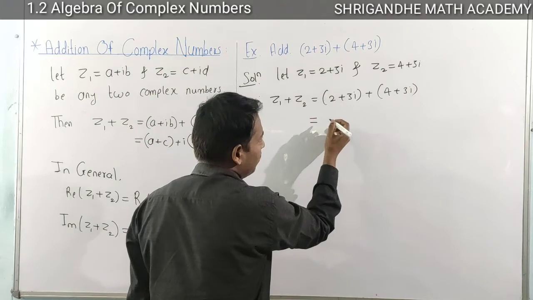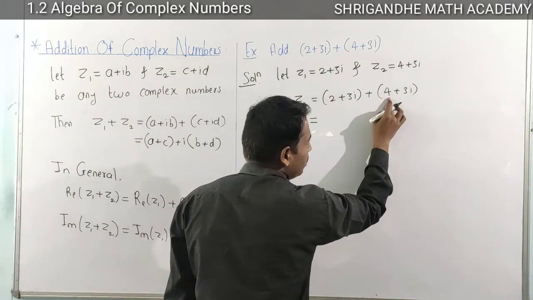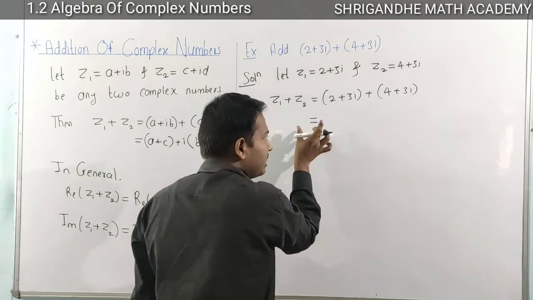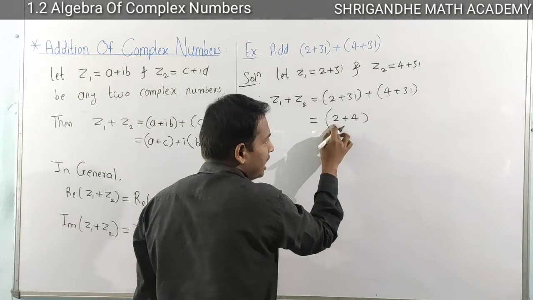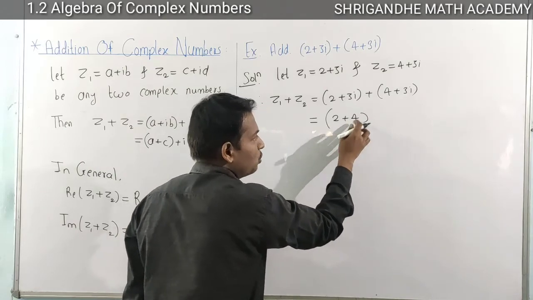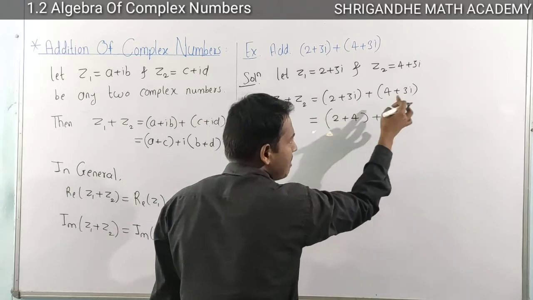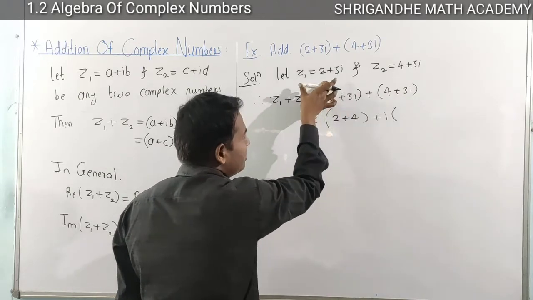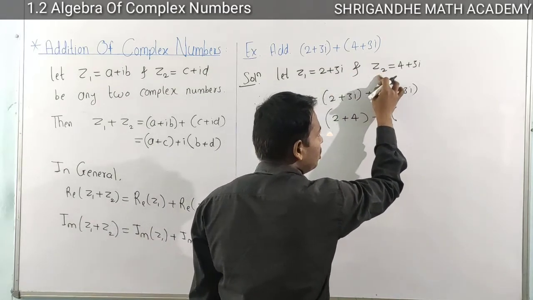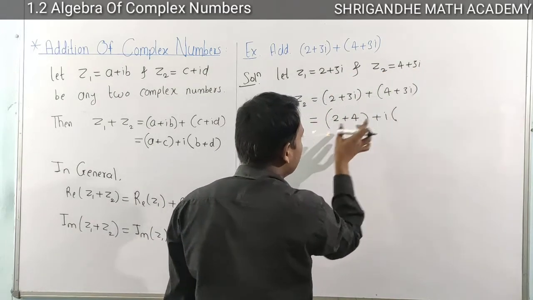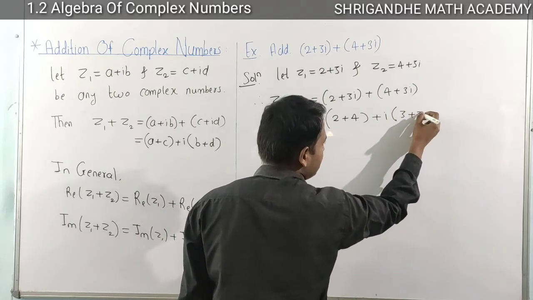Therefore this is equal to, real part of z1 is 2 and real part of z2 is 4. Therefore in bracket 2 plus 4, real part of z1 plus real part of z2, plus I in bracket imaginary part of z1 plus imaginary part of z2. Here we see that the imaginary part of z1 is 3 and the imaginary part of z2 is 3. Therefore plus I in bracket 3 plus 3.